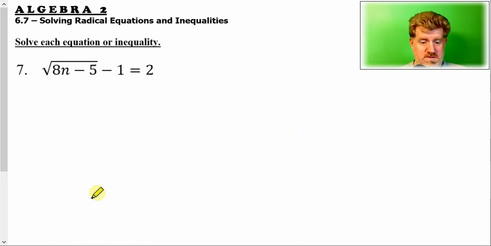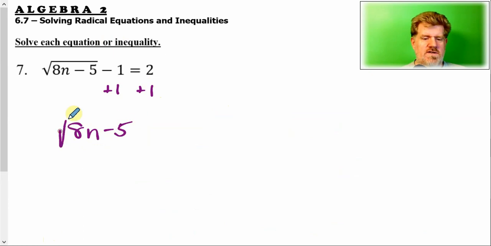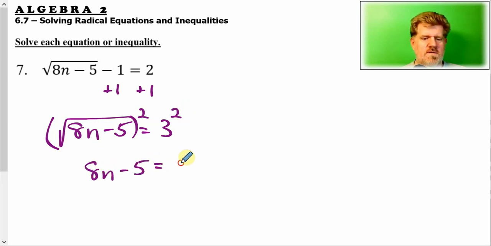How about this one? Will this be okay? I'm going to add 1 to both sides. You might be thinking, hey, there's not a negative here. I should be fine. We'll square it because that's the opposite of a square root. We get 9. Going to add 5 to both sides. We get 14. 14/8.